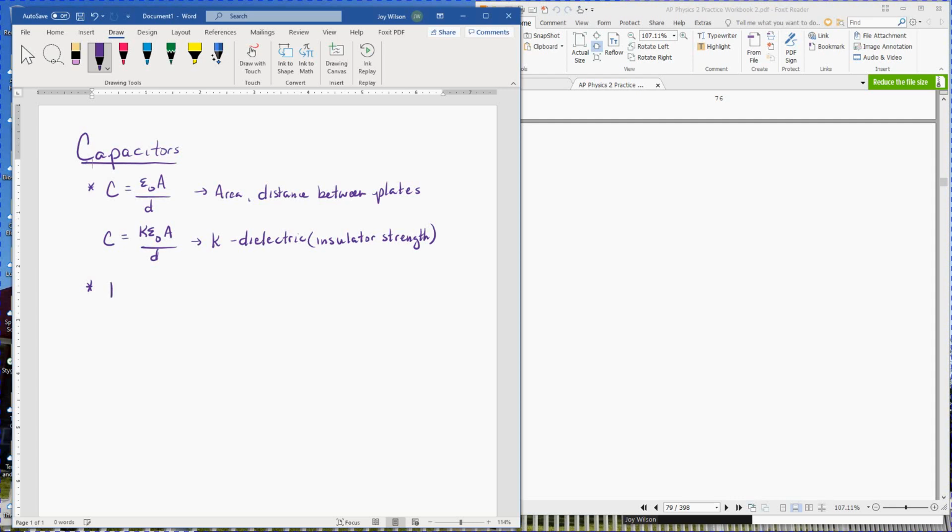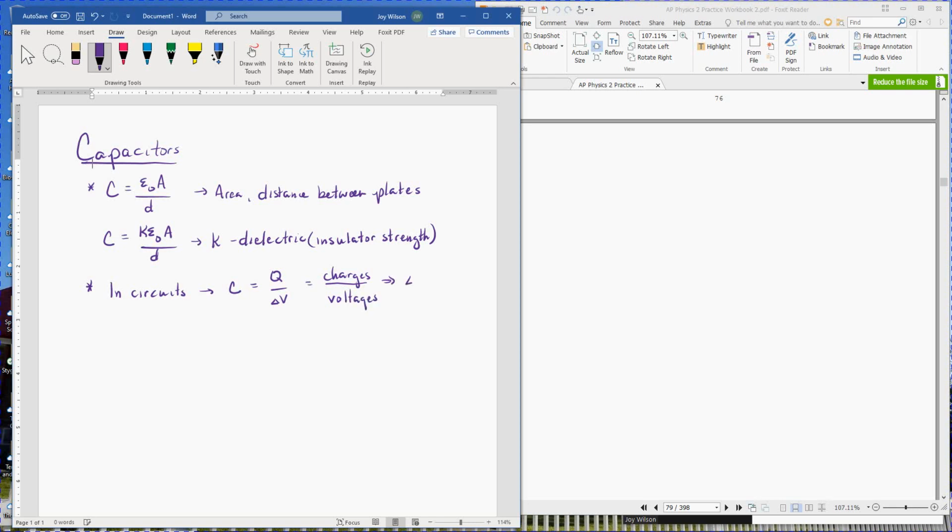In circuits, it is typically much more useful to use the fact that capacitance is charge over voltage. So this is charge size, or number of charges, over the voltage or potential difference in a circuit.